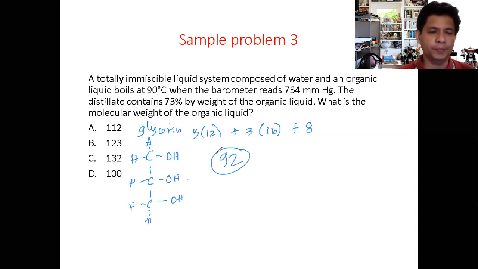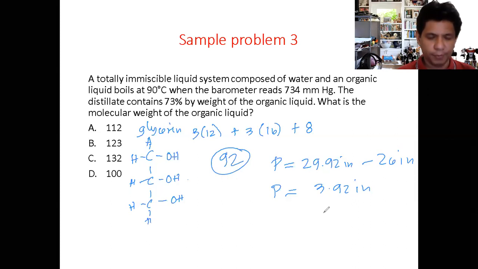And then the total pressure is P equals 29.92 inch, this is 1 atmosphere, minus 26 inch. So total pressure is 3.92 inch. If you want to convert this to millimeter, first let's convert this to centimeter, so times 2.54.